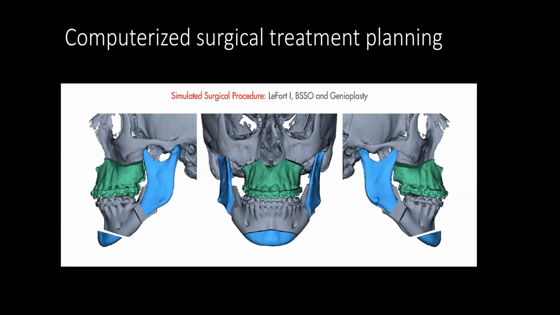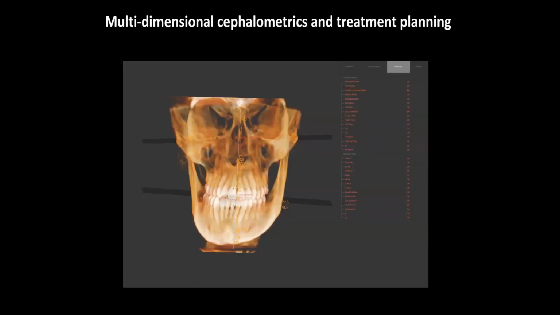So our surgeon takes our data from the cone beam that we provide and will send it to one of many companies to perform their virtual computerized treatment planning in advance of the surgery, from which they can then make surgical guides, surgical splints. Three-dimensional cephalometrics, much better than 2D data, right? So they average out a lot of those critical landmarks.